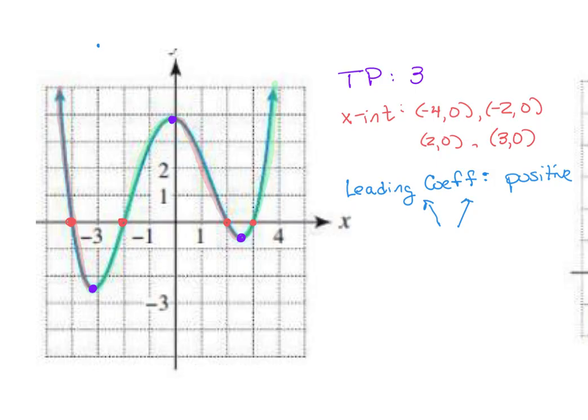And finally, we want to know minimum degree. We have 4 x-intercepts and 3 turning points, and so that means that we should have a minimum degree of 4.